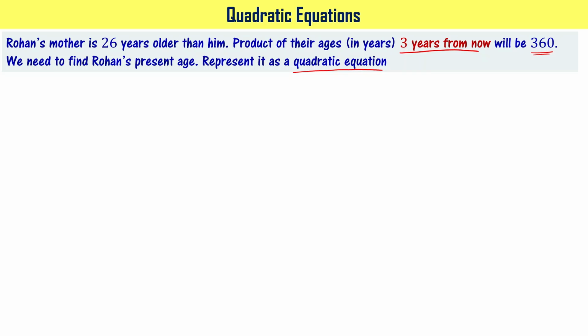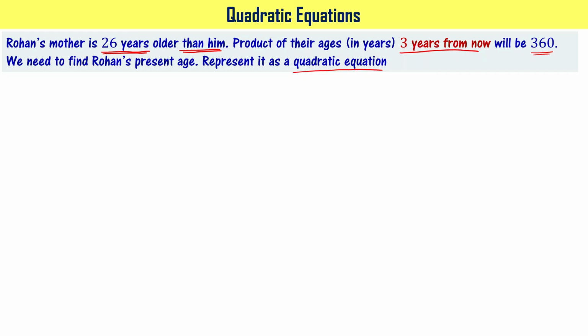Look at this. Rohan's mother is 26 years older than him. When you are given a statement like this, you say that it is corresponding to the present day, so our present year. So at present, if you know the age of Rohan, you know Rohan's mother's age. But we don't know that, right?